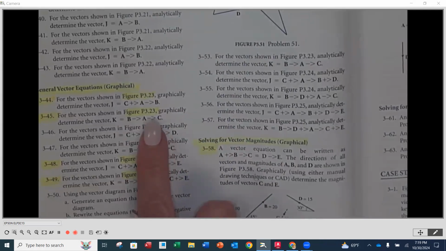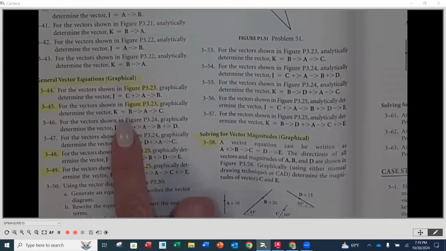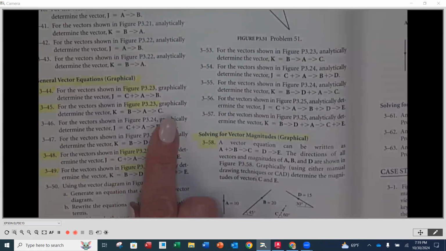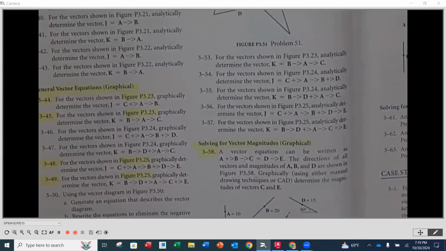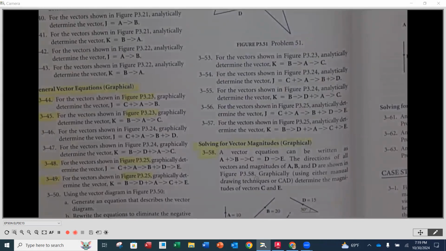And then using that very same figure again, you're going to use those same vectors, but this time it's going to be K is equal to B minus A minus C. All right. Remember, the way that we're doing these is to add the negative value. Okay, so tip to tail process wise, and then you're going to change the arrowhead and label it as its negative version.